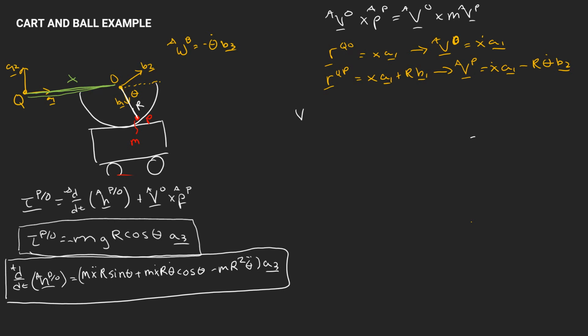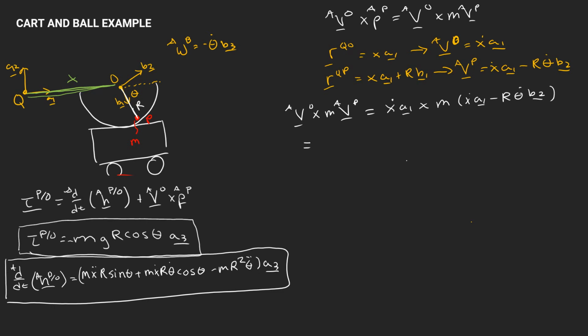So we can write this out as x dot a1 crossed with m times x dot a1 minus r theta dot b2.